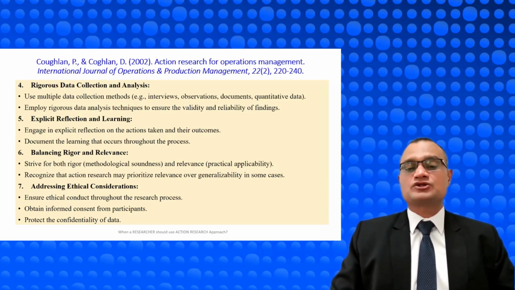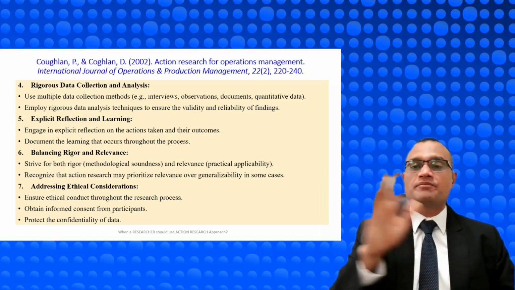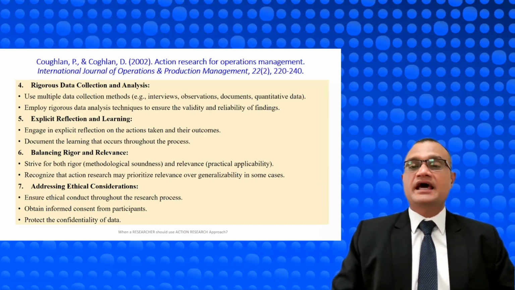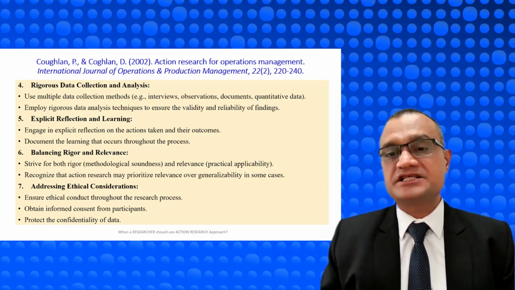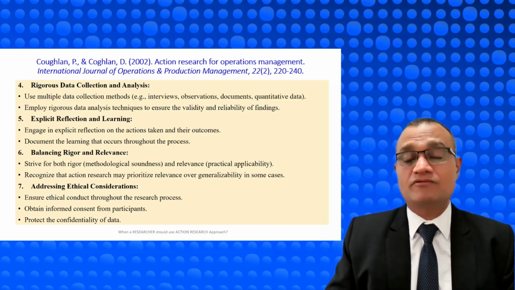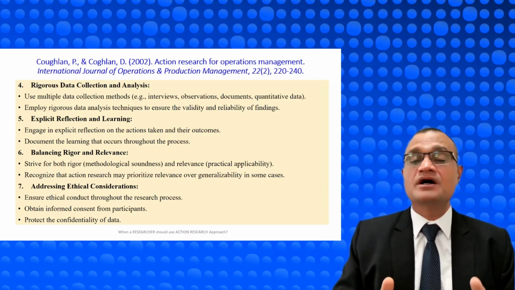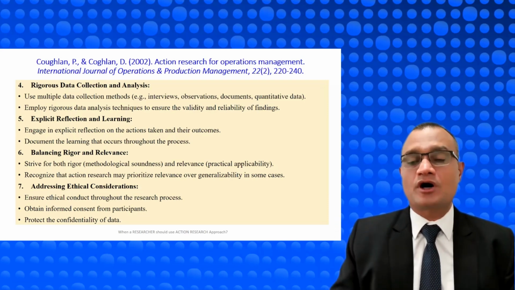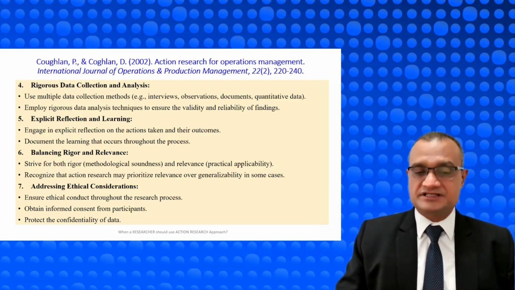Ensure ethical conduct throughout the research process. When you are operating with the cyclic process, obtain informed consent from the participants. Protect the confidentiality of the data, because you are part of the decision-making team of a particular problem the organization is facing.